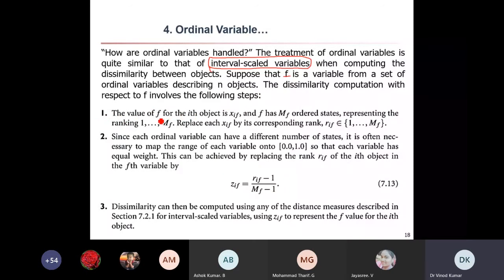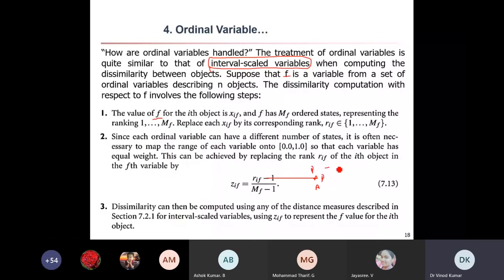If the value of f for the ith object is xif, you can find the ordered states here. If I have a categorical value in a certain order, like assistant professor, associate professor, and then professor.